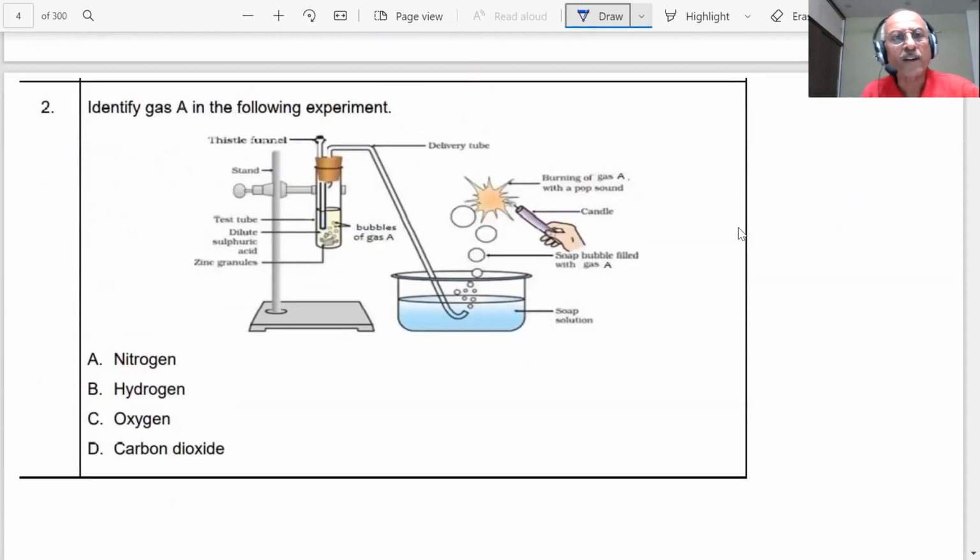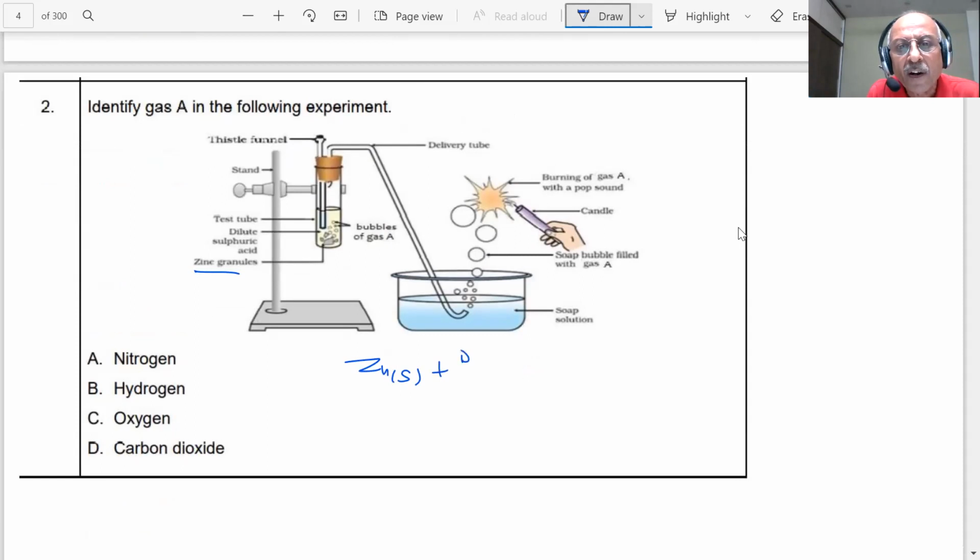Here, students, what is the question number 2? It says, identify the gas in the following experiment. I hope you have read the NCERT chapter on acids, bases, and salts. Let us see the diagram very clearly. There are zinc granules, Zn, and you are adding dilute sulfuric acid, dilute H2SO4.